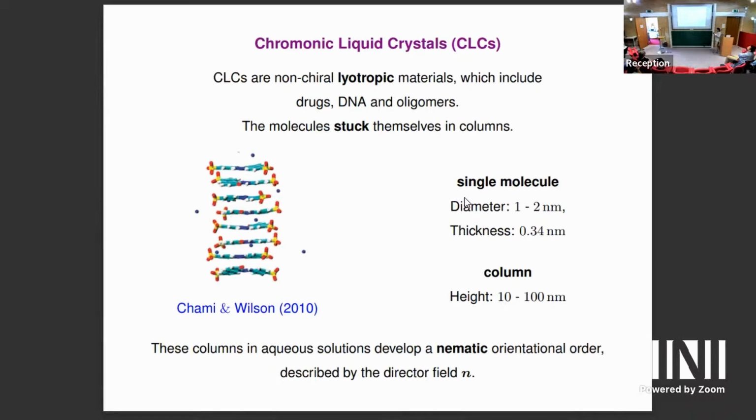And these molecules tend to stack face to face in order to form columns of typical height 10 to 100 nanometers. And these columns can order in the nematic phase, which is described by the director field n.